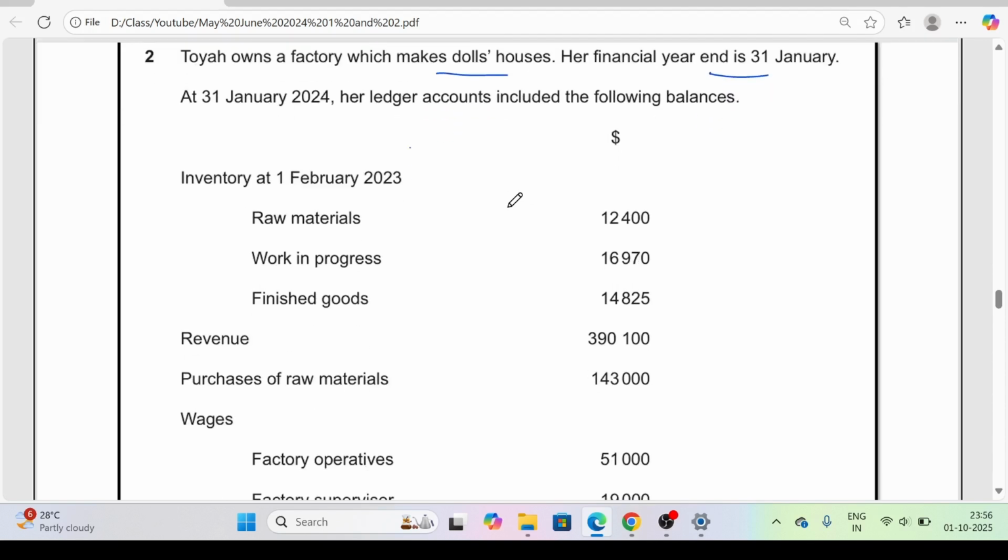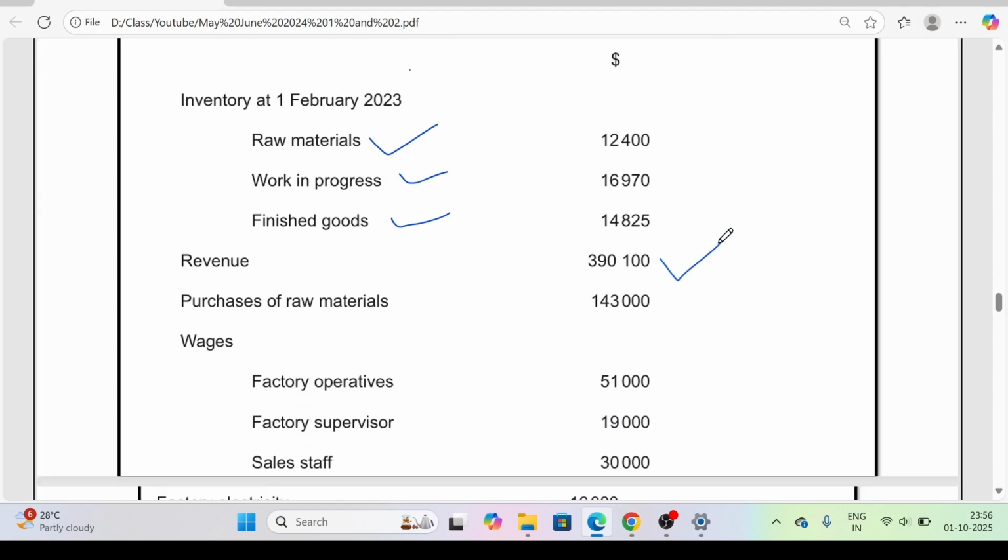Here, opening inventory, the inventory given at 1st February 2023: raw material, work in progress, finished goods, the amounts 12,400, 16,970, 14,825. Revenue also is given.